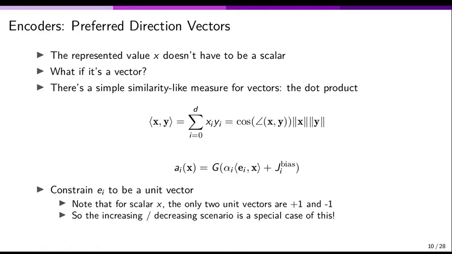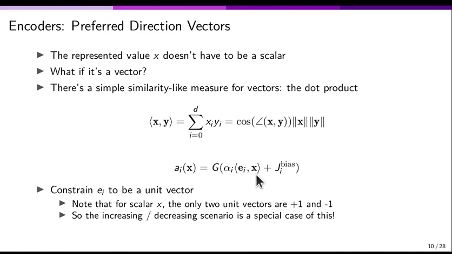What we ended up with was this thing down here, where there is some value in the real world being represented. This X is a vector in general. Each neuron has some particular preferred vector, which we call its encoding vector, or preferred stimulus, or preferred direction vector. All these terms are synonymous.